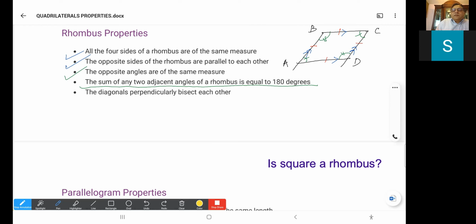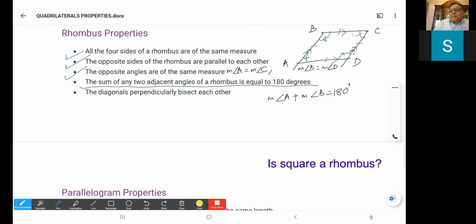That means we could write measurement of angle A is equal to measurement of angle C, right? These are the opposite angles. And also measurement of angle B is equal to measurement of angle D, correct? Now we are saying the sum of any 2 adjacent angles, measurement of angle A plus measurement of angle B, is equal to 180 degrees. Do you see that?